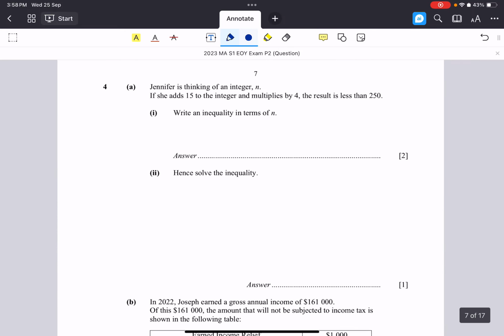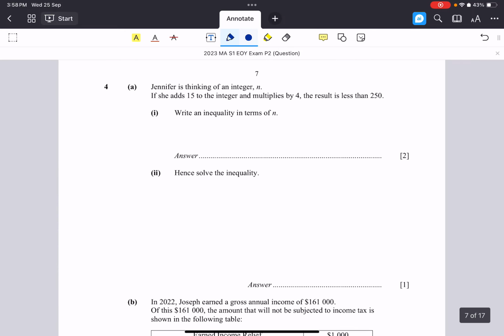Jennifer is thinking of an integer, and if she adds 15 to the integer and multiplies by 4, the result is less than 250. We start with n plus 15. Add 15 to it, and the result we multiply by 4. I can put 4 in front, and this is going to be less than 250.